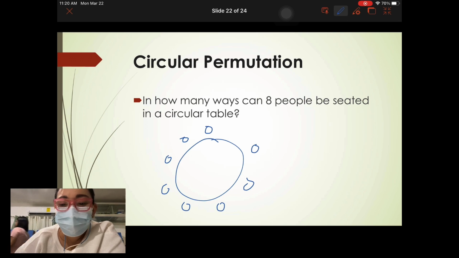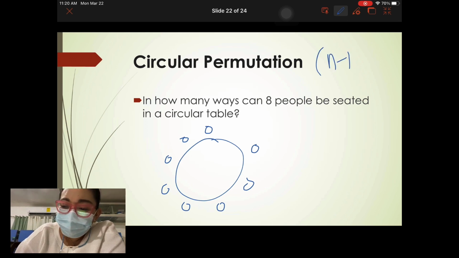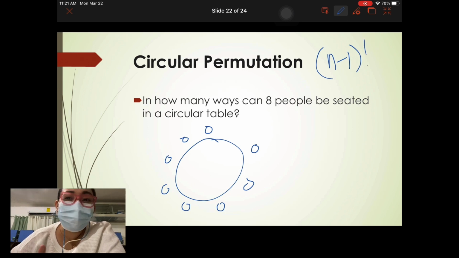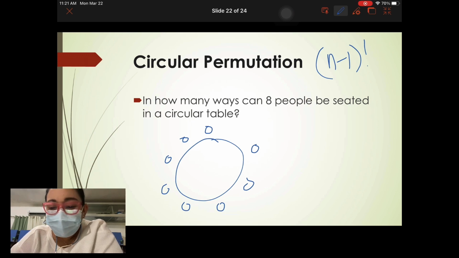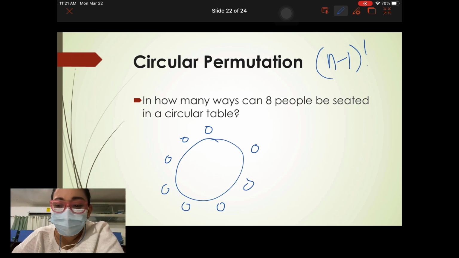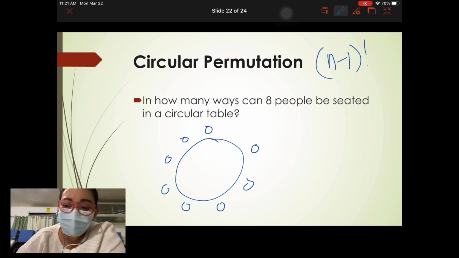So, ang formula po natin for a circular permutation is n-1 factorial. Bakit kaya n-1? Kasi remember, it's a circle. Okay? So, yung endpoint ng isa ay hindi na siya pwedeng maulit. So, mababawasan lang tayo ng isang option, kumbaga. Tumama siya.